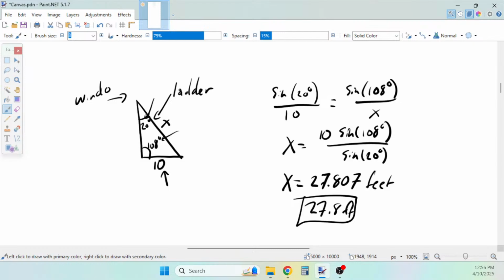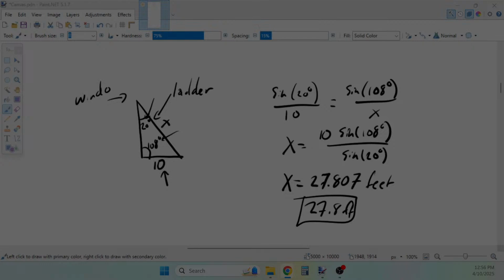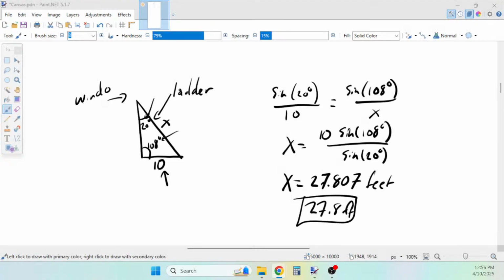A pilot is flying a small plane over a straight road. Cyclists that are 3.7 miles apart.